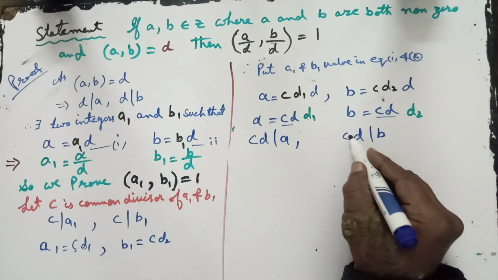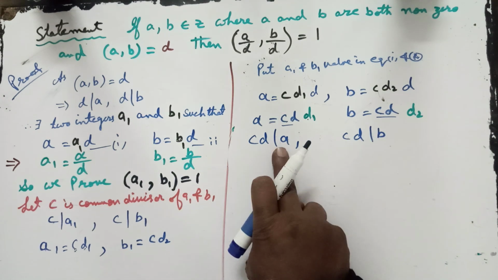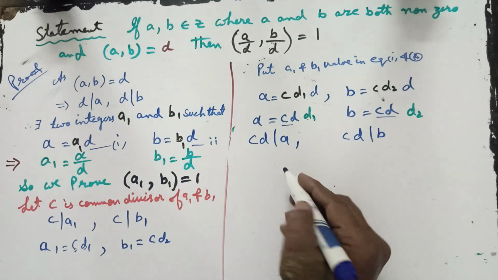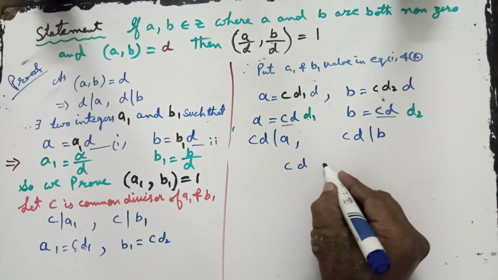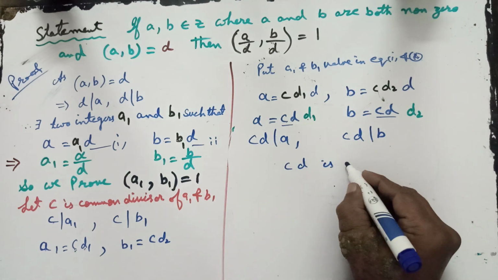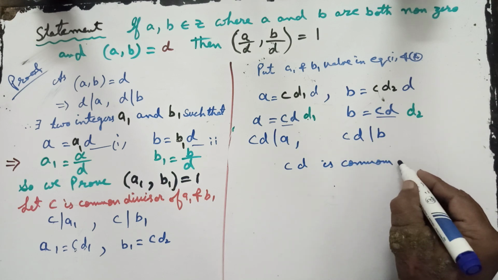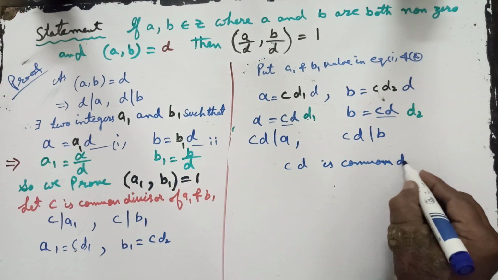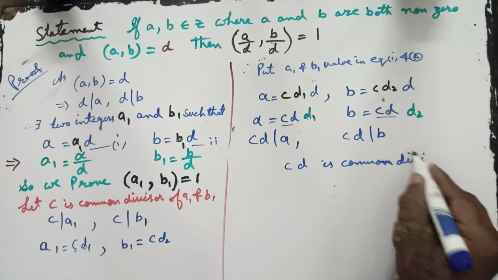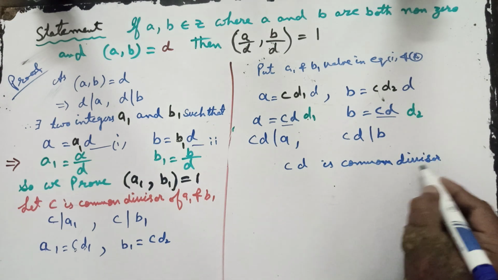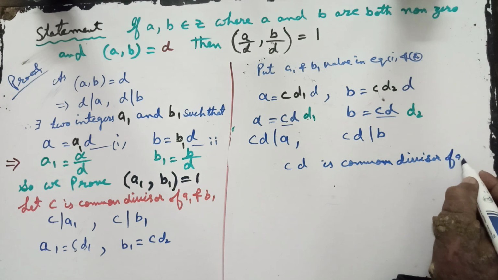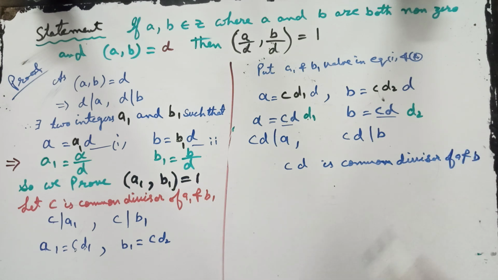If cd divides a and b, then cd is a common divisor of a and b.